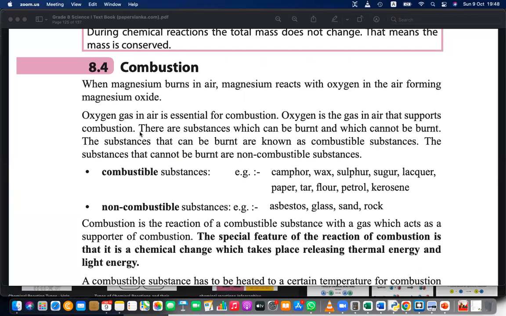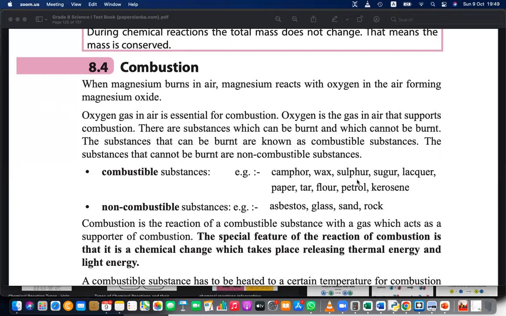Combustion is basically, so in Sinhala we can call it dahana, right? So combustion is basically a reaction. Most of these substances will react with oxygen and create new substances.